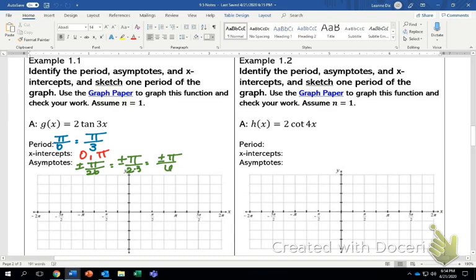Pi over 4. That gives me 0.78. Technically, if I round, 0.79. So I have the two values of pi over 2 and pi over 4. So I'm just going to quickly figure out, well, what is pi over 6 as a decimal? And I'm going to ask myself, is it closer to pi over 2 or is it closer to pi over 4? It's actually smaller than pi over 4.